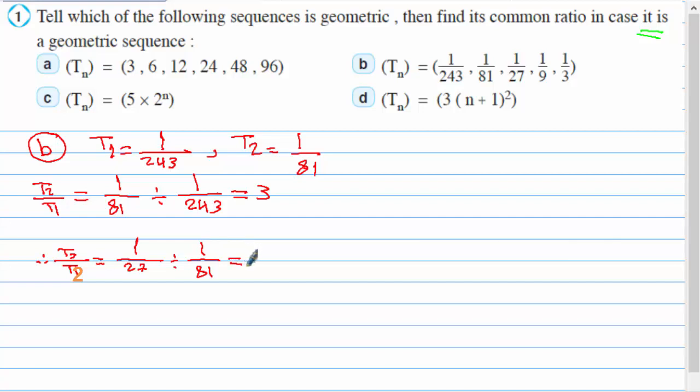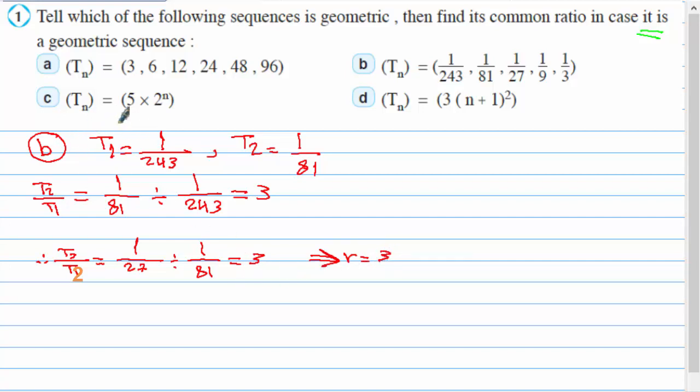Also it equals 3. By trying 1 over 9 divided by 1 over 27, you will get 3. Also 1 over 3 divided by 1 over 9 also equals 3. So this sequence is a geometric sequence, and the common ratio equals 3.